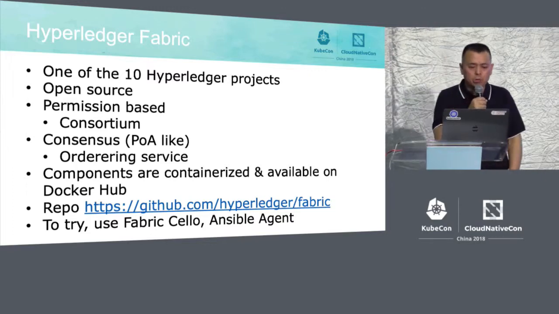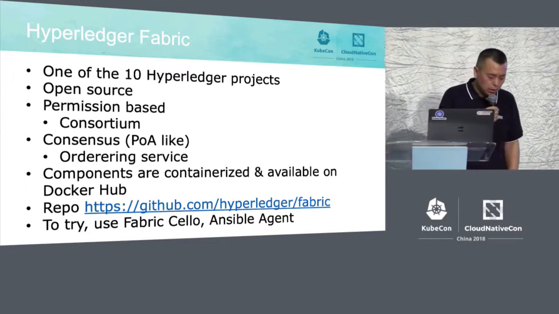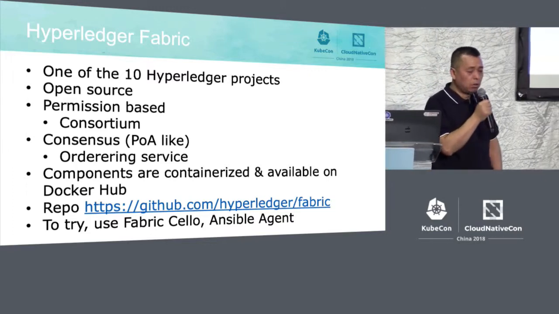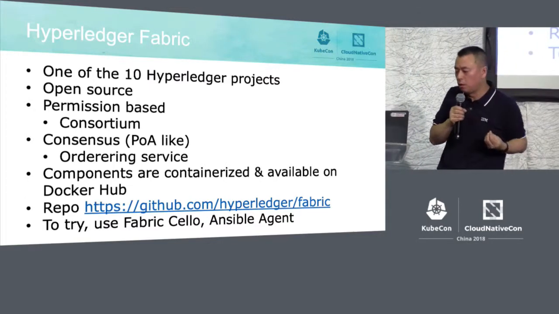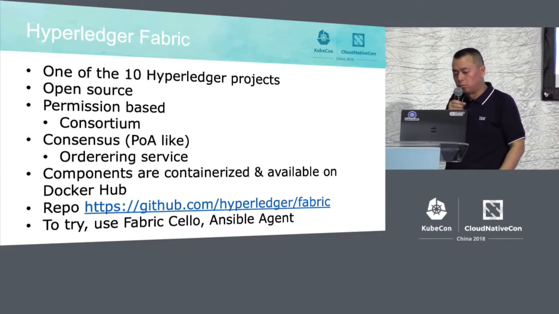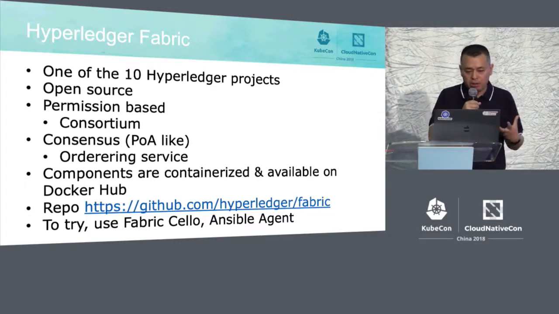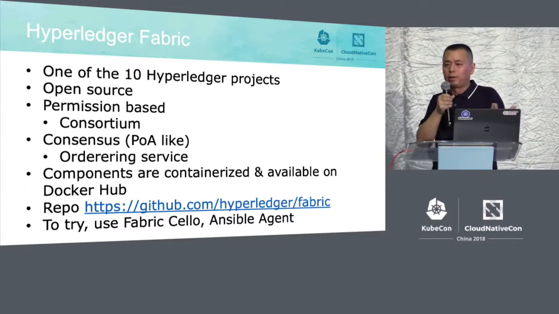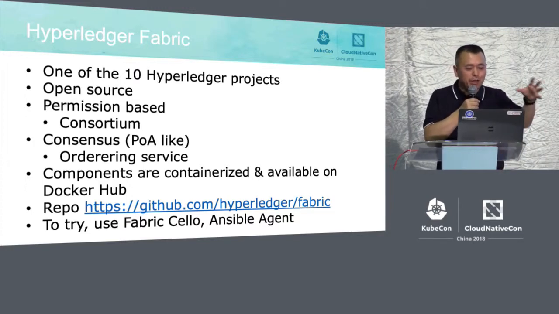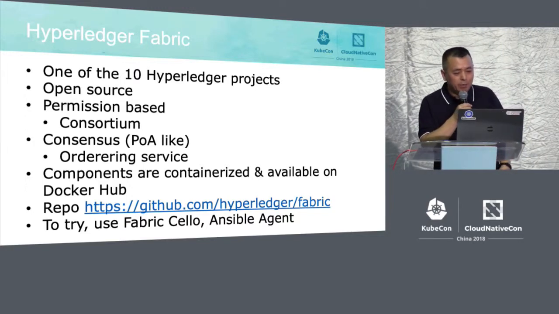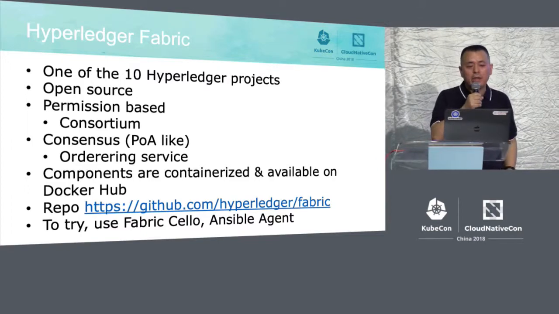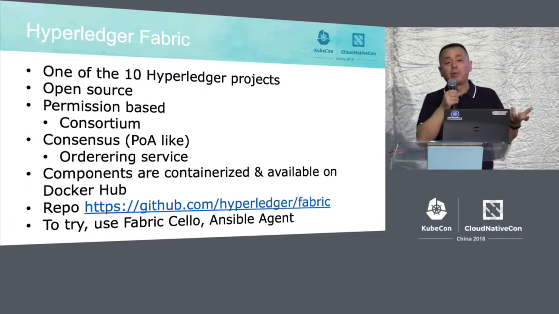We also support a solo system. It's like just one node. If you want to know the details, we're probably going to take a lot of time to drill down into each component. But just consider that the consensus method Fabric currently supports is like proof of authority. Okay.